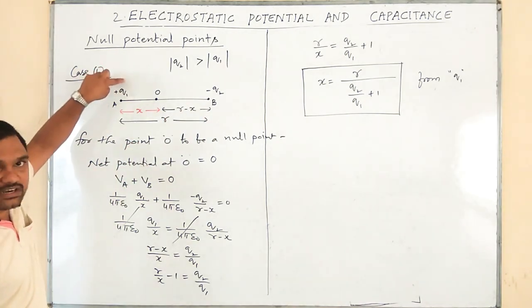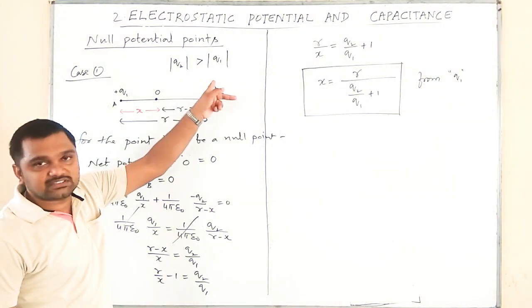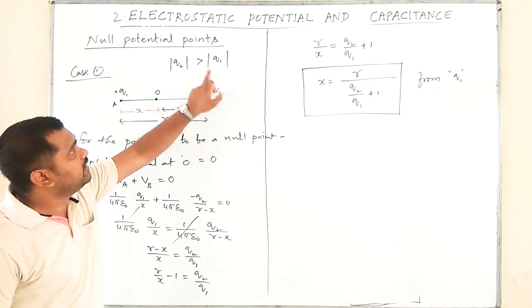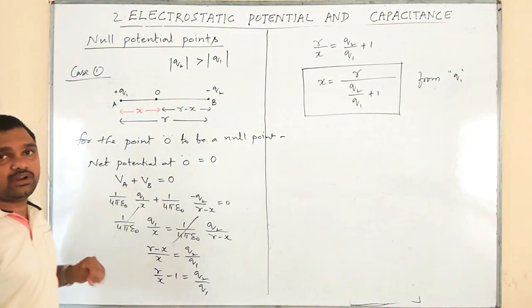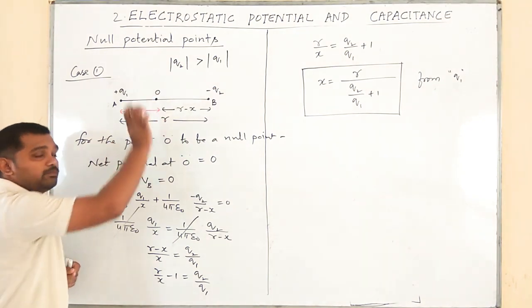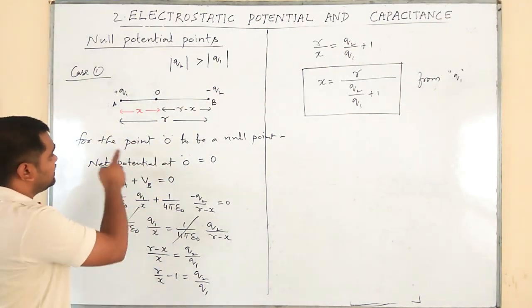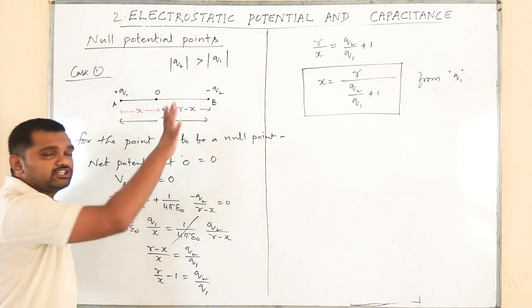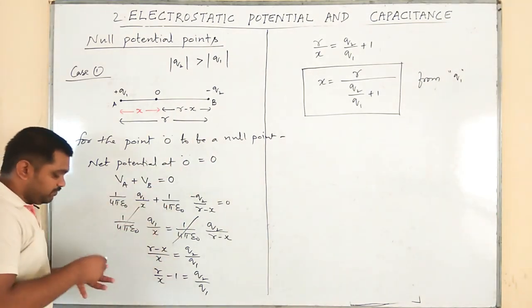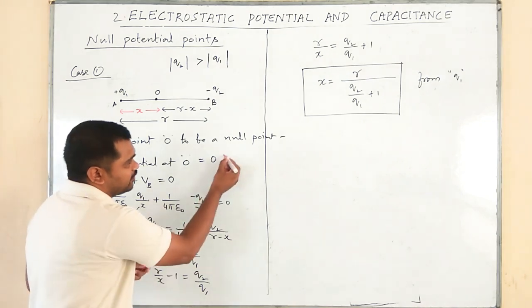At A I have considered Q1, at B I have considered minus Q2. Let the magnitude of Q2 be greater than the magnitude of Q1. Okay, fine. Next, for this point O to be a null point, the necessary condition is net potential at O should be 0. This is O, not 0. And this is 0, not O.